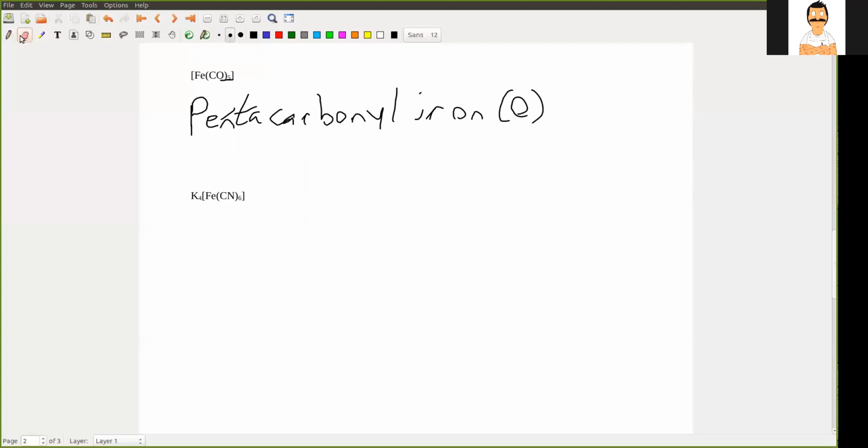Now, sometimes instead of iron, just as a classical thing, classical nomenclature that is used sometimes in coordination chemistry compounds, you might use ferrate zero, and that's okay too. The iron zero is just as okay as ferrate zero.